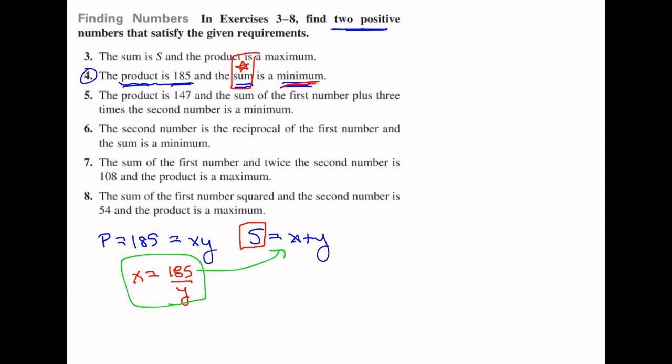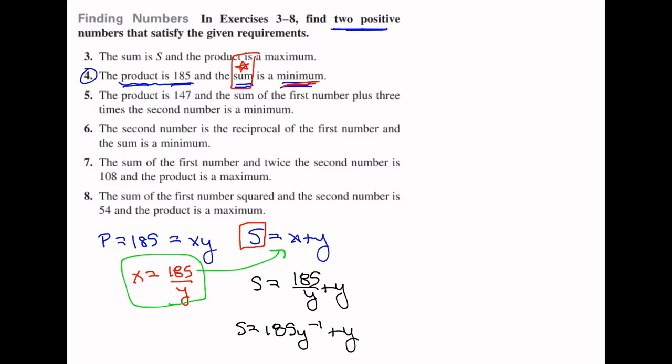All right, so then what do we have? We have s equals 185 over y plus y. We can take the derivative right now, but I would suggest first maybe making the derivative a little bit easier to find by rewriting the function.